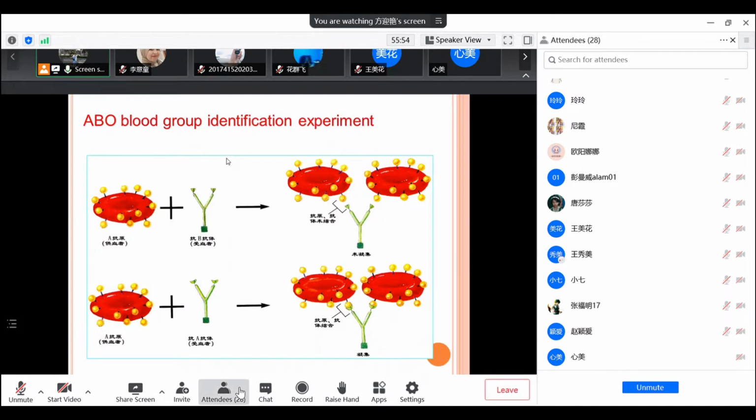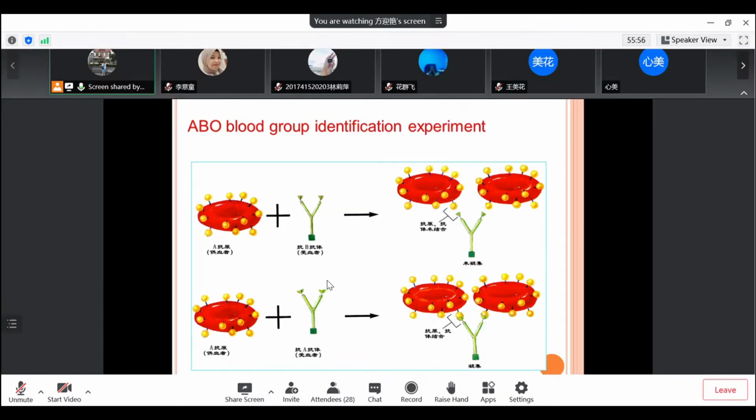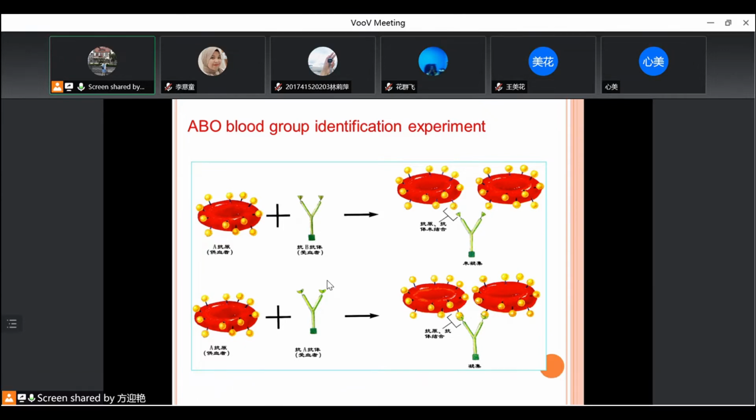In this class I hope you know how to identify the ABO blood group, and the nature of the experiment.